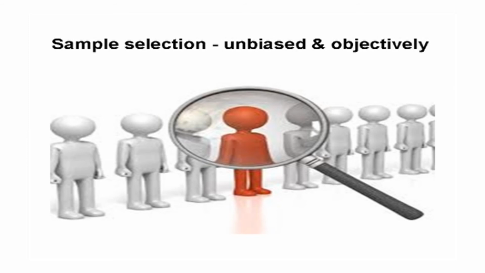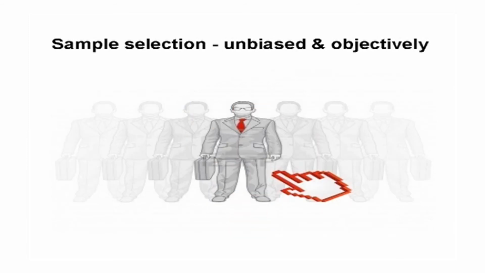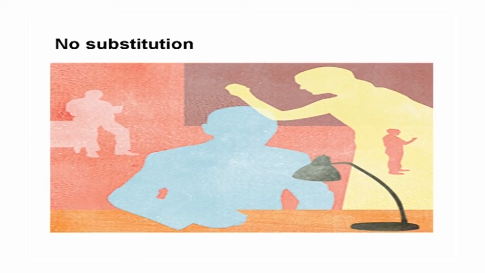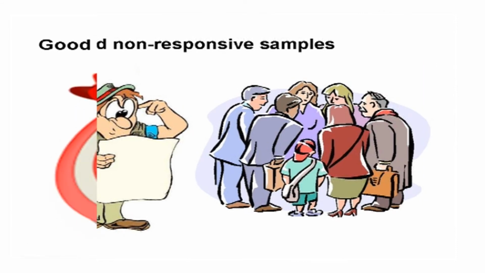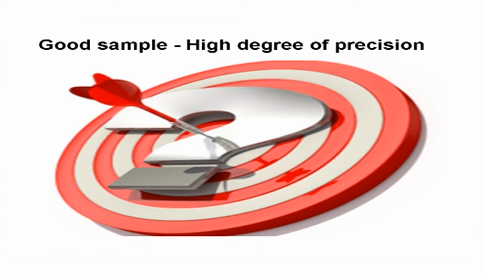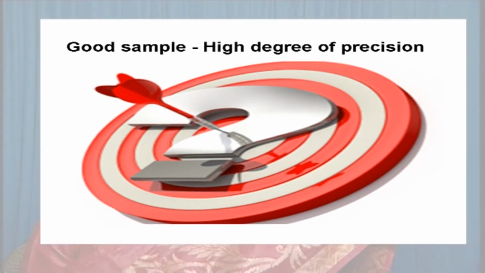The selection of the sample should be done unbiased and objectively. 4. The researcher should take care that there is no substitution of the original unit by some convenient method. Non-responsive samples should not be included for the study. 5. A good sample will have a high degree of precision.